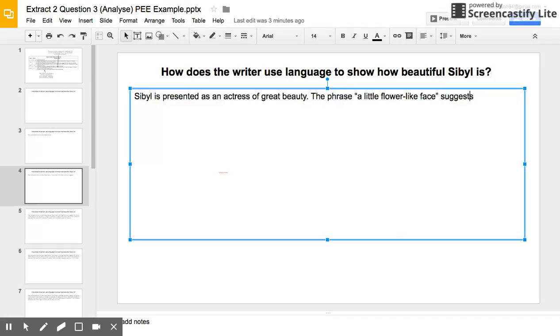I've gone for suggests rather than shows because I want to be less definitive. I want to not say that it is whatever my explanation is. I'm saying what it may possibly be. This is what I think, but other people may think differently. That is an embedded quotation because if we take out the quote, the phrase suggests still makes sense by itself. Now, obviously, what phrase, but structurally, it still makes sense.